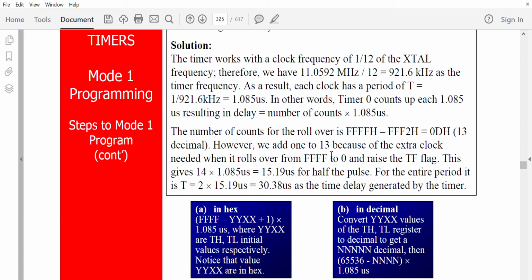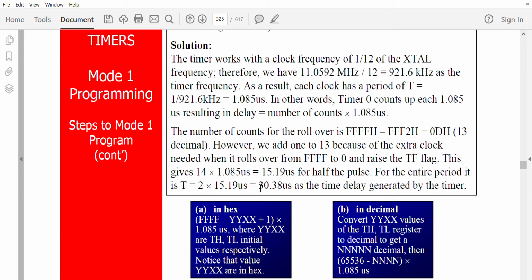So that is why you are taking this extra 1. So it is totally 13 plus 1, 14 counts, into 1.085 microsecond. So the total time delay is 15.19 microsecond for half the pulse. For the entire period, it is 2 into 15.19 microsecond.